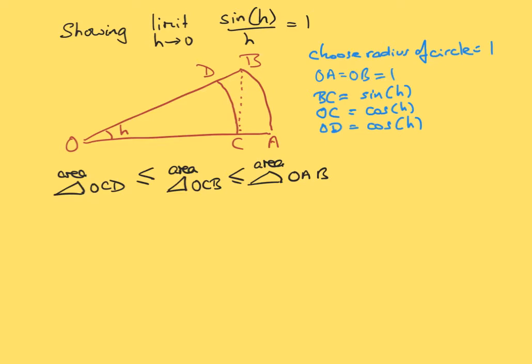So the argument that we're going to use relies on something called the squeeze rule. And to give you an example of the squeeze rule, let me just think of a number.